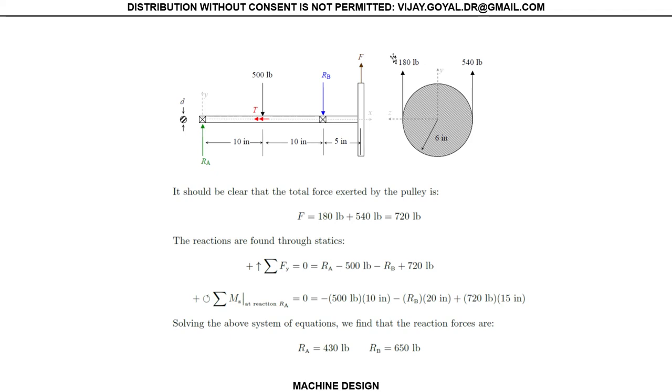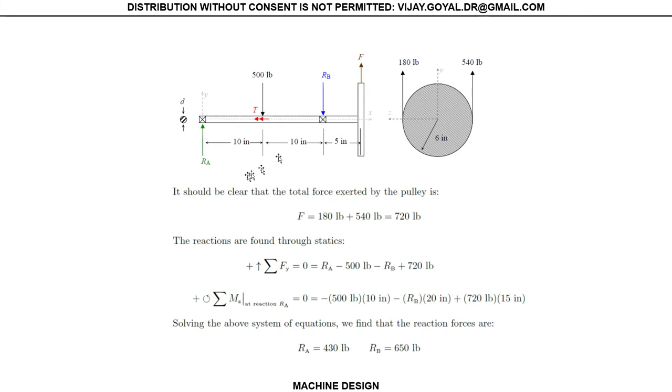The total amount of force, this is pulling up there, this is pulling up there. So the total amount of force that's pulling completely up is 180 plus 540, that will be 720 pounds here.